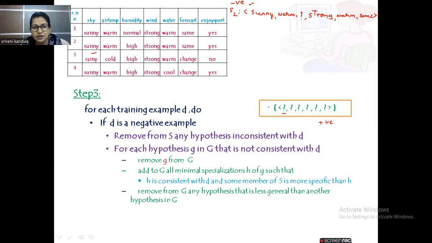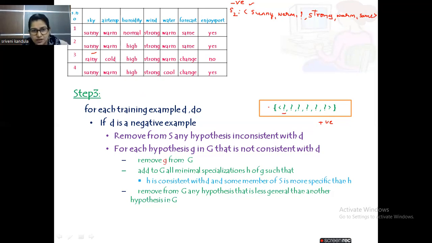How can we handle it? Remove g from G, add to G all minimal specializations. Now this general value I should replace with a specialization value. We should write this for all the six attributes, because if one value is accepted, this will classify my hypothesis as positive. I should not let that happen.